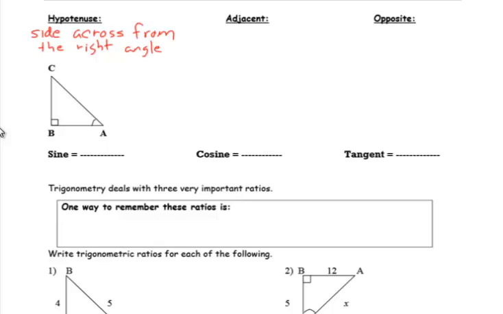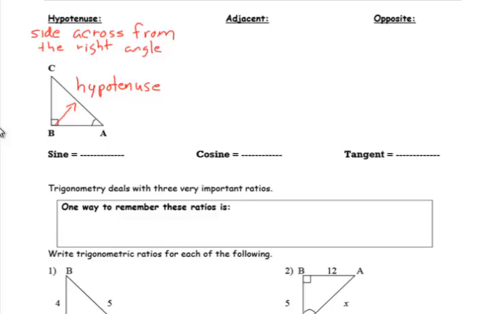In the diagram we have here, triangle CBA, if we go across from the right angle, the longest side, there is our hypotenuse. No other side in that triangle is ever going to be the hypotenuse. But the other two sides depend on which angle we're talking about.